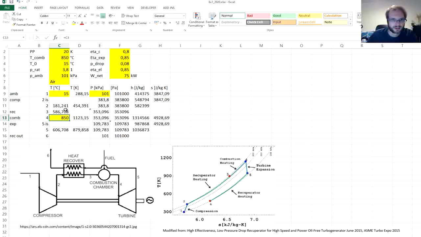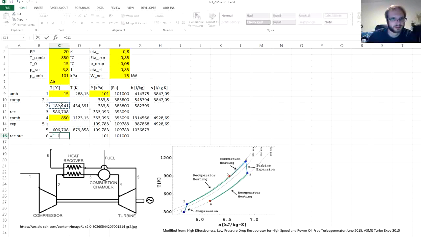And similarly, how much heat we can extract and what will be the point 6. The point 6 would be at temperature higher than point 2, so that that's the point where still the heat flows from 6 to 2 within the specified temperature difference.